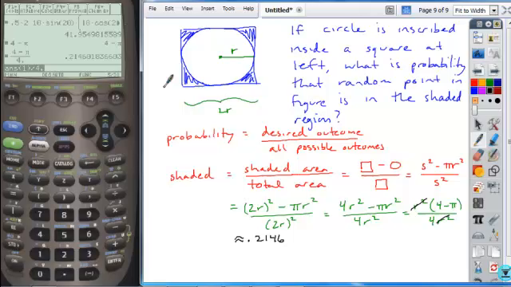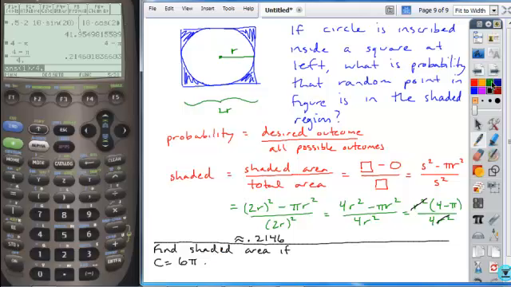Okay. Now, what if instead of asking you the probability question, what if I asked you to find the area, or find the shaded area, if the circumference of this circle were given as 6 pi?